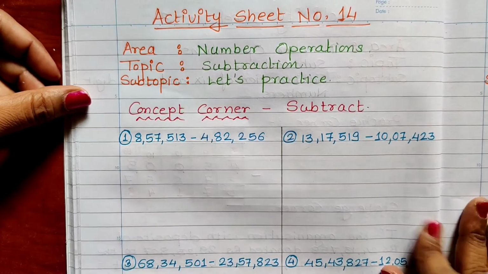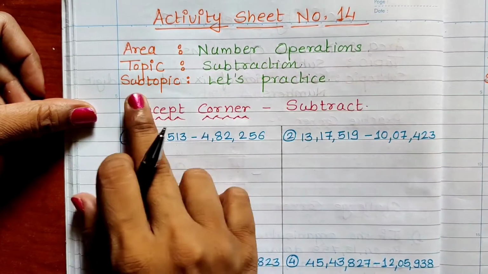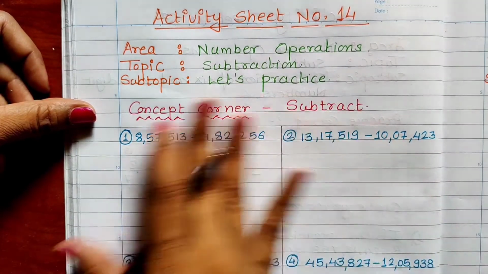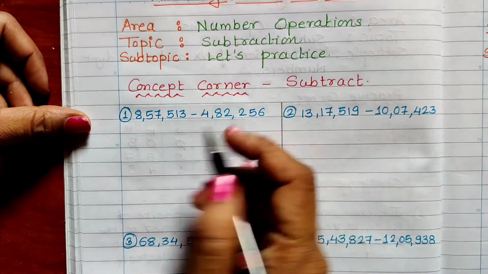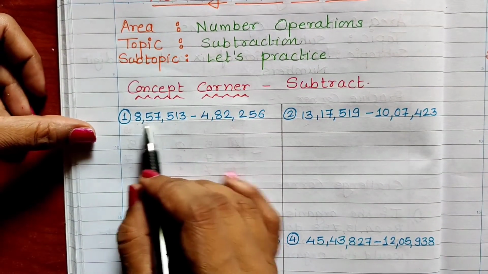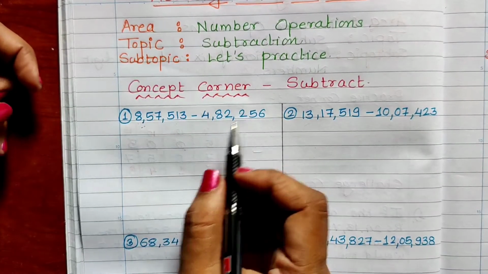Children, this is my activity sheet number 14, area, number, operation, topic, subtraction and subtopic, let us practice. So we have given so many examples for practice. In subtraction, the number which is written first should be written on top, and then below that we will be writing the next number.